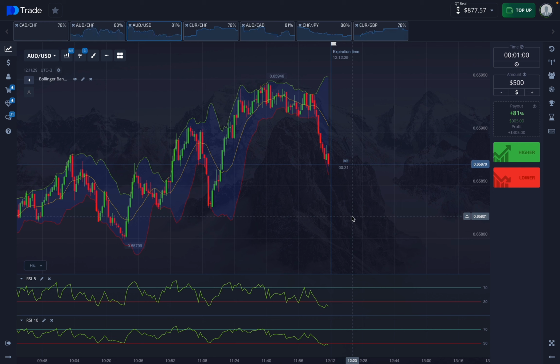We are forming a new local minimum. Let's select the work area. We are also touching the previous price corridor in this area.